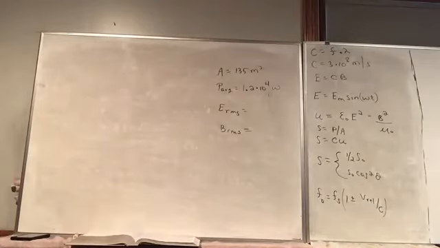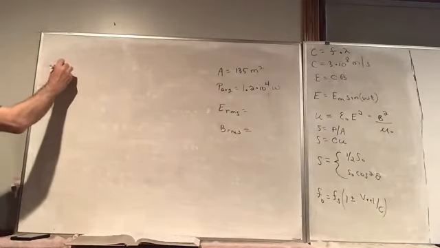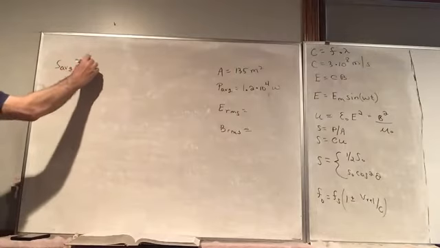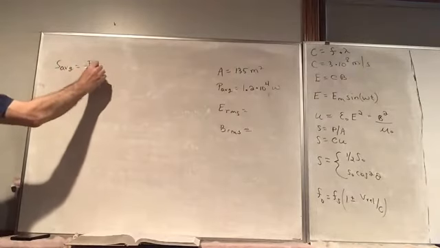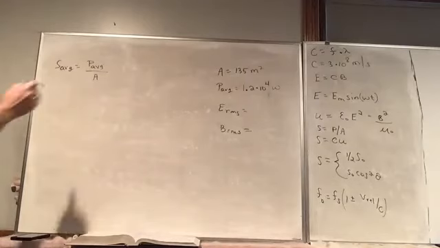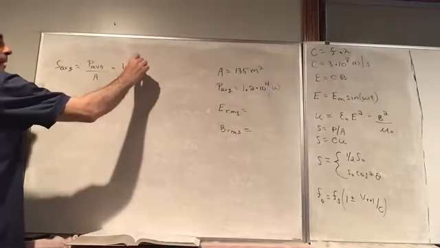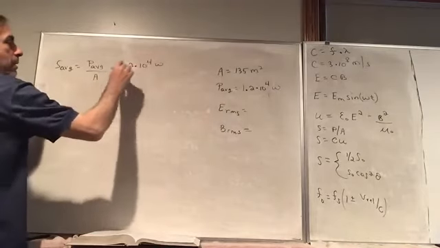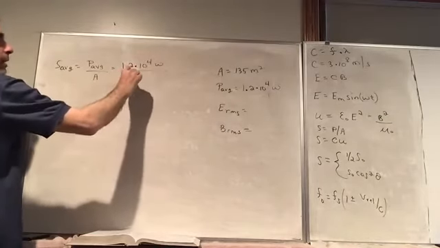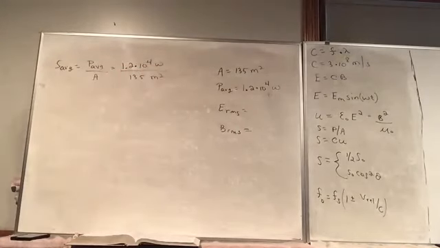So we can find the average intensity. That'd be the average power over the area. So this would be 1.2 times 10 to the fourth watts over 135 meters squared.